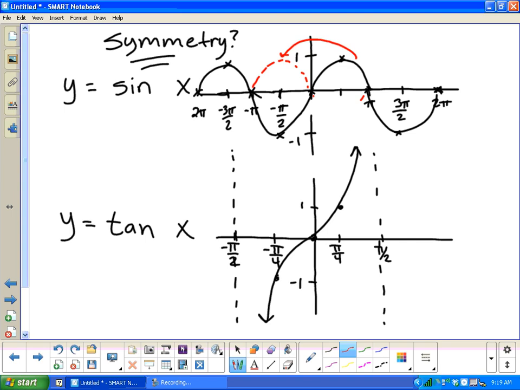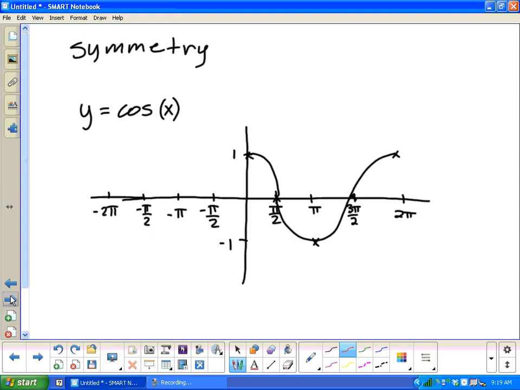Now let's look at the graph of cosine, and let's ask about the symmetry there. In order to get the symmetry, I'm going to need more than one period. So I'm going to do one period on the right of the y-axis, and now one period on the left side. Y'all help me fill in the left side.